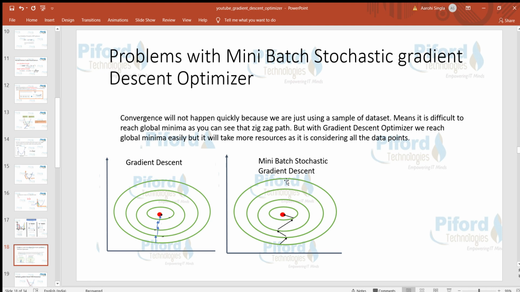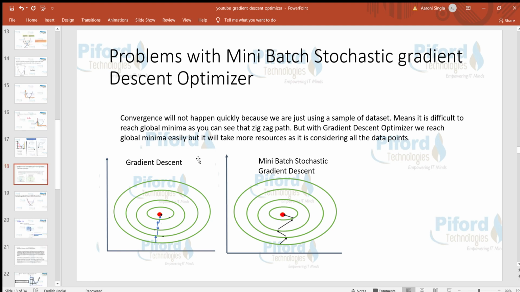Now if we talk about the mini batch stochastic gradient descent optimizer, we reach this global minima with difficulty. You can see over here a zigzag path, right? Convergence will not happen quickly because we are just using a sample of the data set.